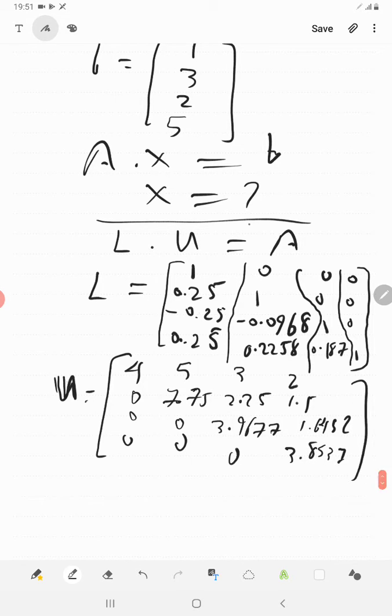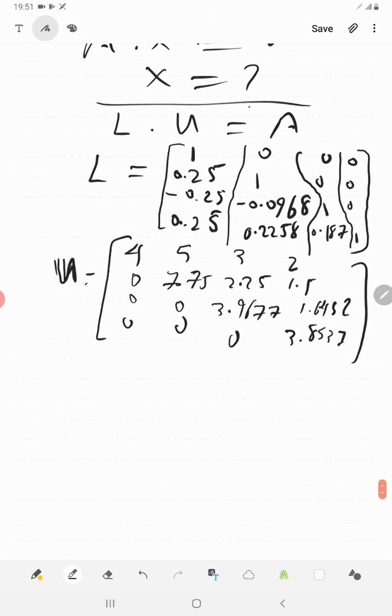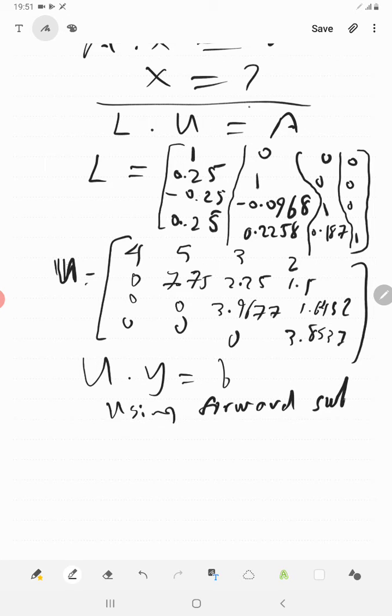Okay, you obtain that. Then the second step, you say that LY equals B, and determine Y using forward substitution.